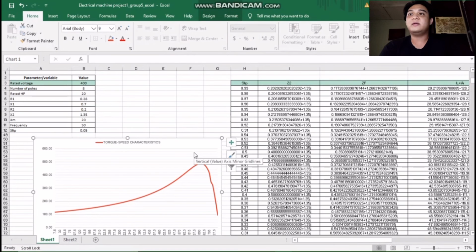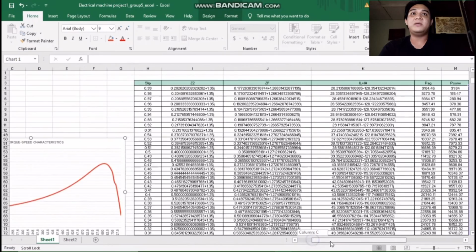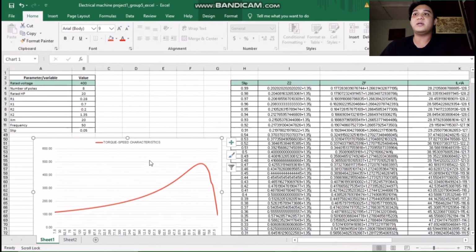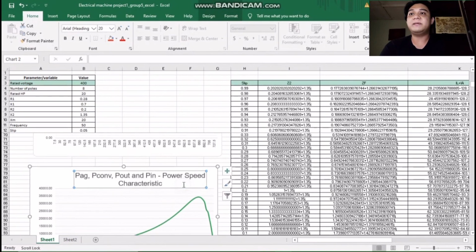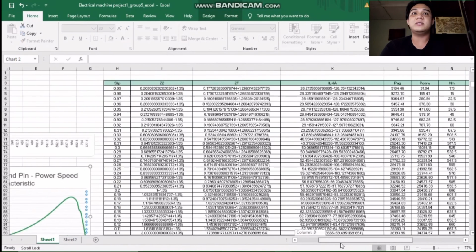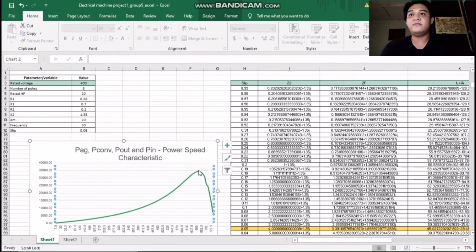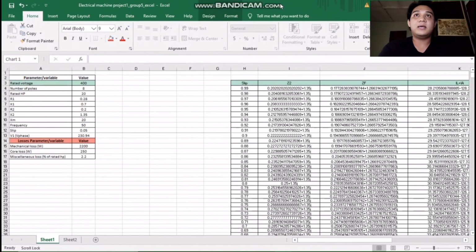For the torque and speed characteristic graph, I use the rotor speed data in rpm and also the torque induced data to analyze the torque and speed characteristic, and then I got this graph. For the power and speed characteristic, I use the power converted and also the rotor speed to get this graph. Okay, and that's all for me.